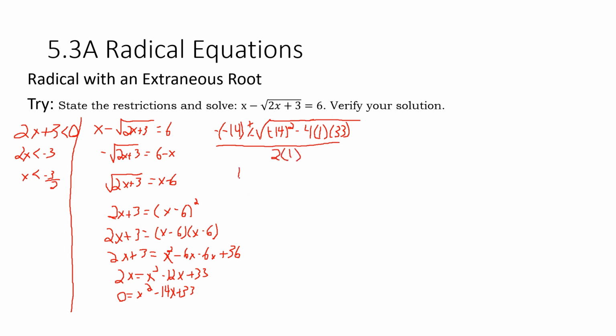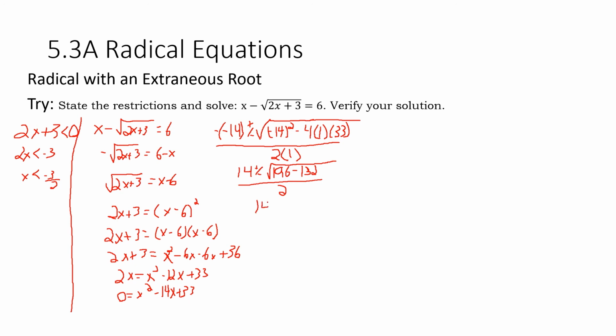Negative of negative is positive, so 14 plus minus the square root of negative 14 squared, which is 196, minus 4 times 1 is 4, 4 times 33 is 132, all over 2.